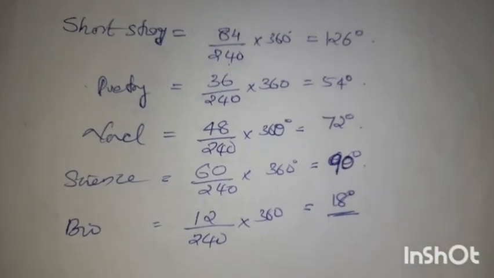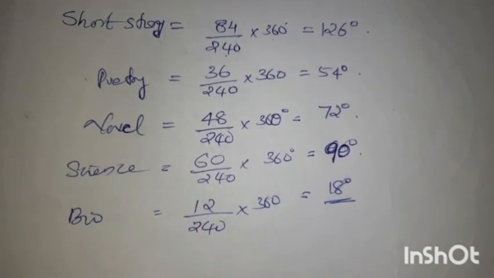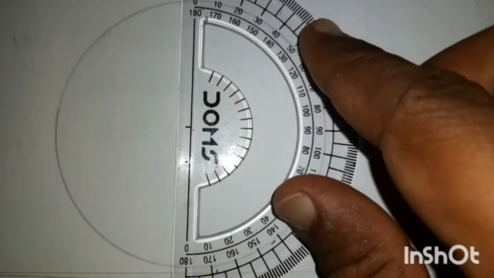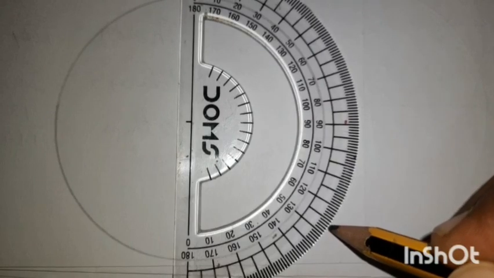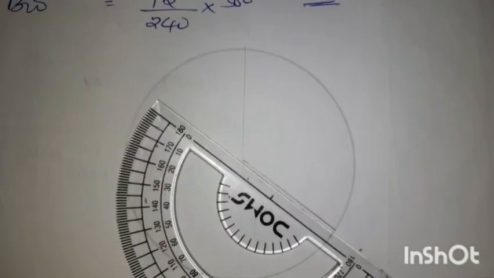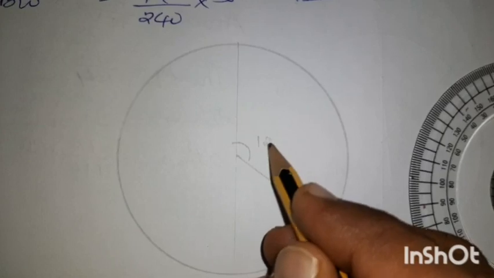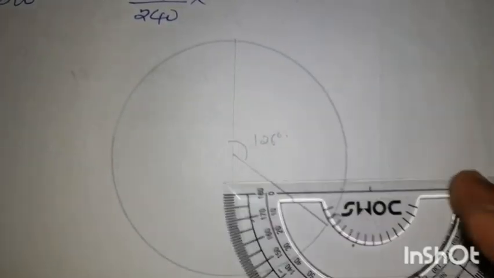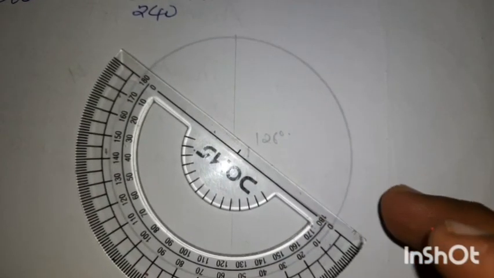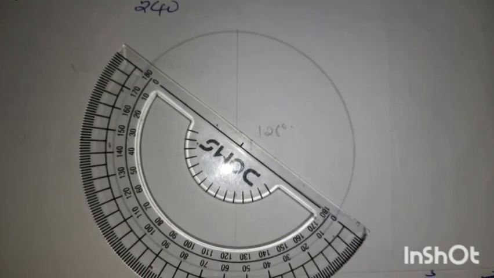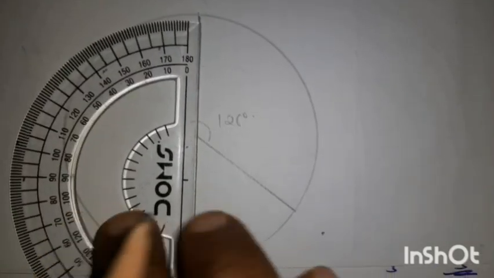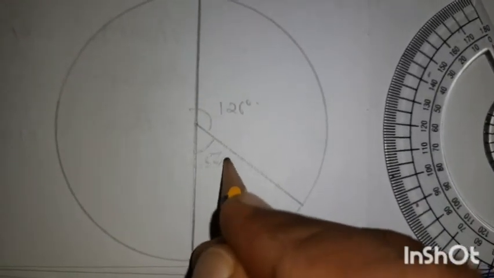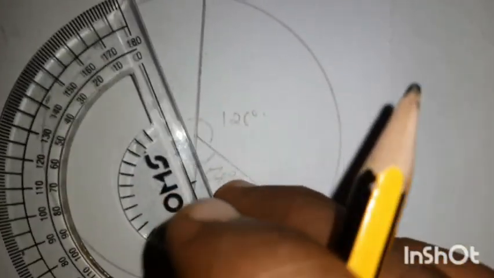So using these values you have to draw the pie chart. First you mark short story, the 126 degrees. Next 54. Mark the angle as 54 degrees. Next 72.